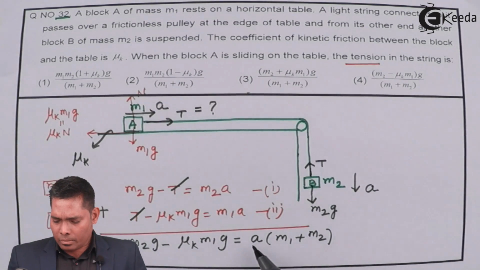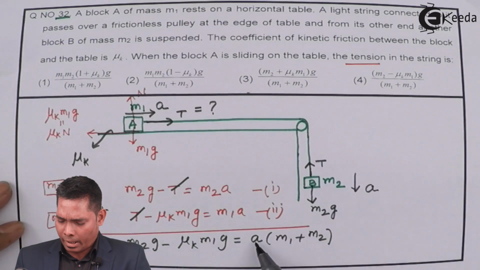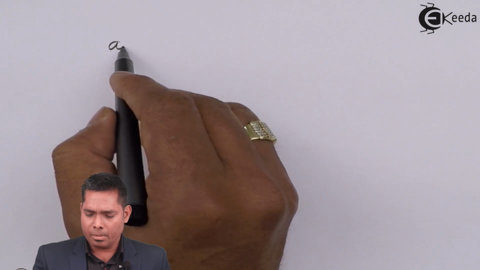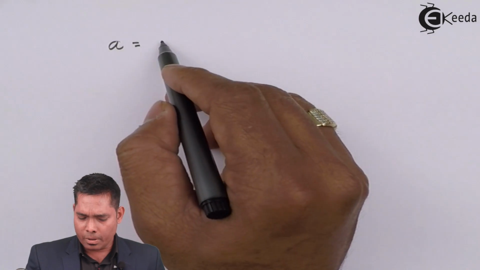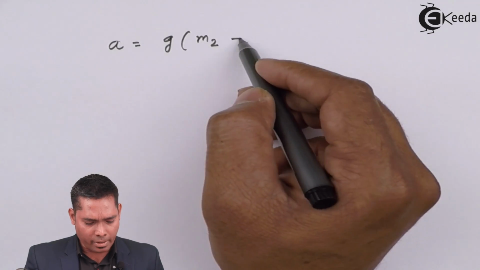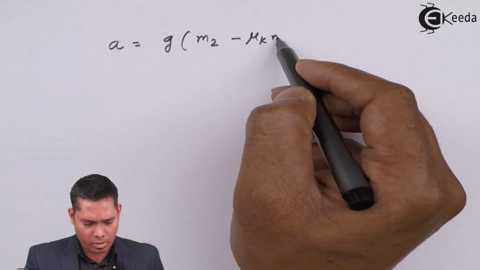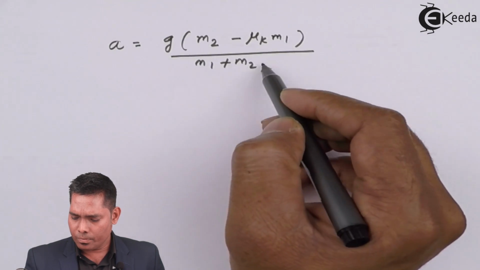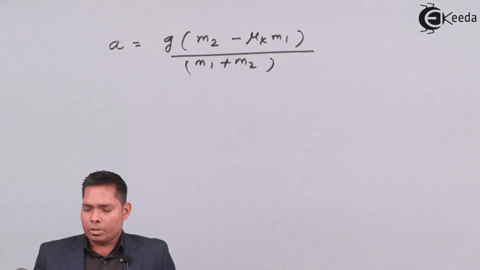So a is common, so if I want to find a, it will be this value divided by m1 plus m2. So then a can be written as, if I take g common, m2 minus mu k m1 divided by m1 plus m2. This is the value of a.